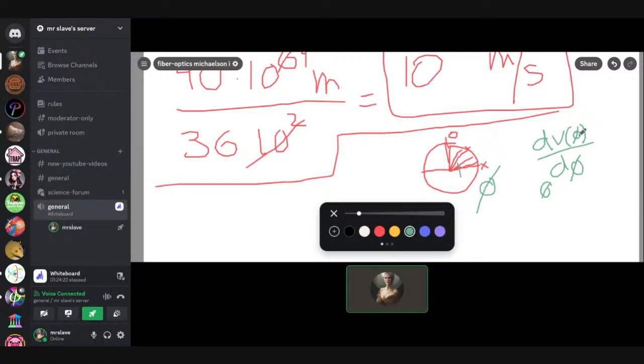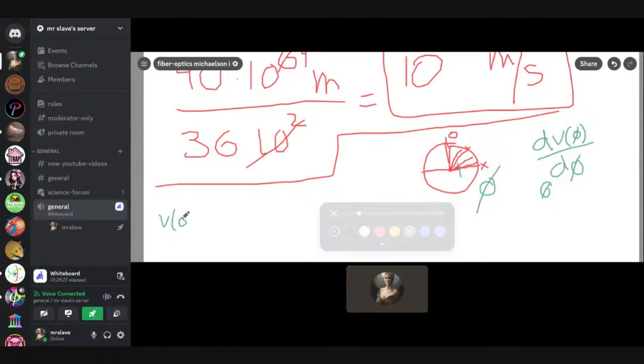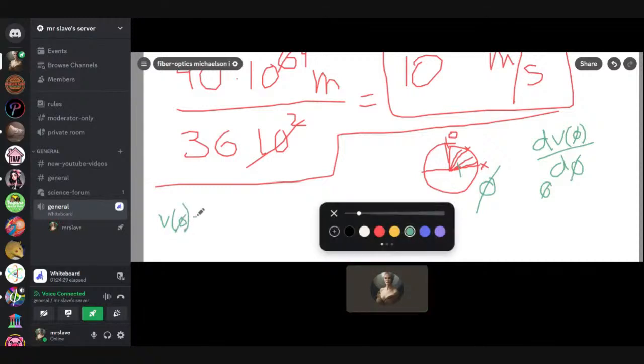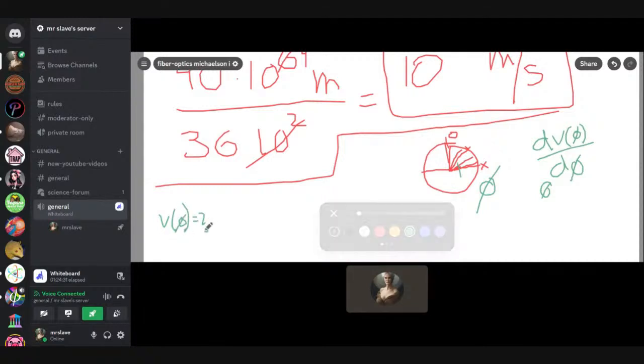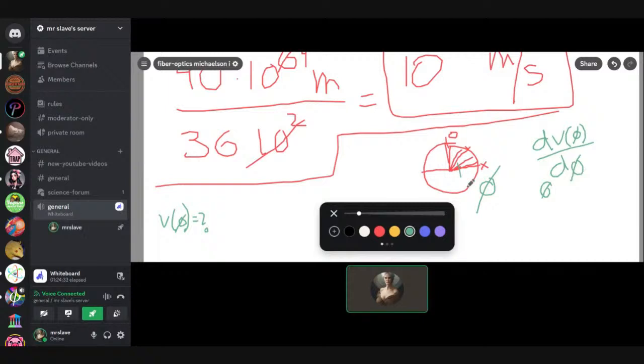What is the velocity as a function of phi? Well, it's just a different radius.